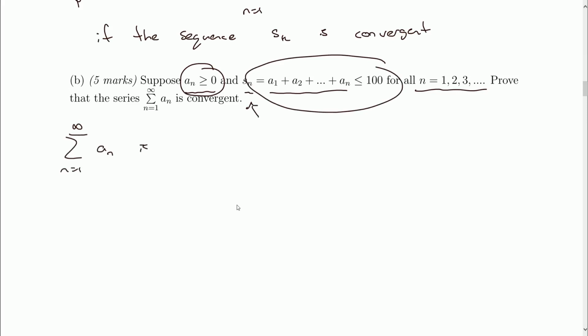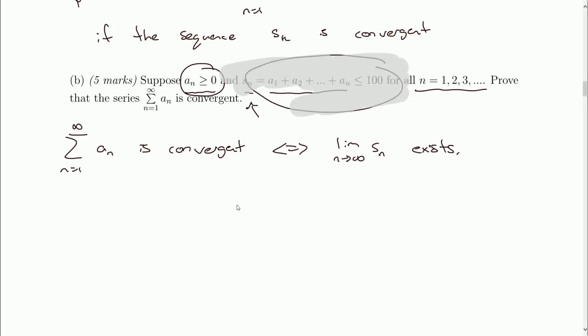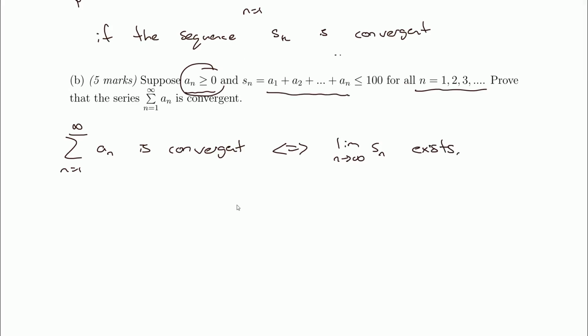these an's, this is convergent, by definition, exactly when the limit of the Sn's exists. So, how do I show that the limit of the Sn's exists? I take a look at the information they've given me about the Sn, and they've given me the Sn, they remind me what it is, just in case I forgot, as though we don't study for our tests, and they tell me it's always less than or equal to 100.